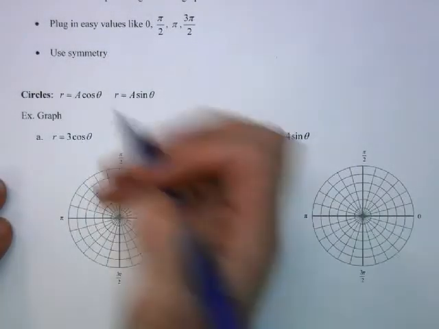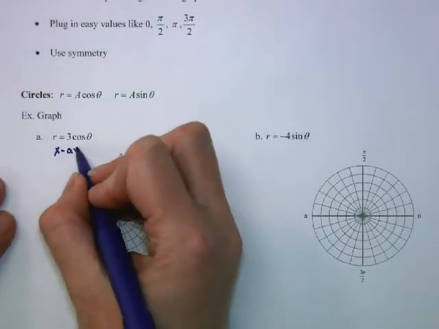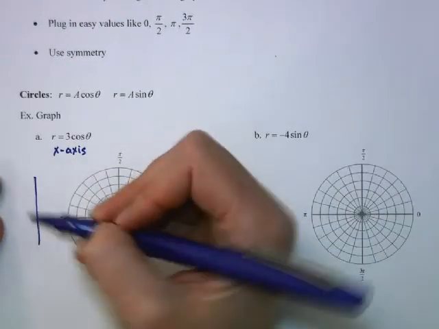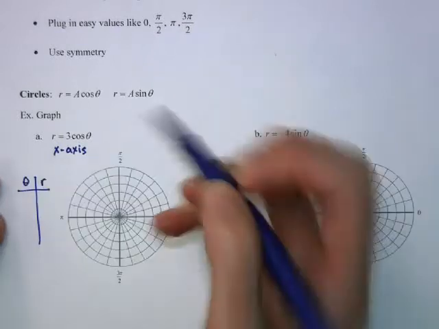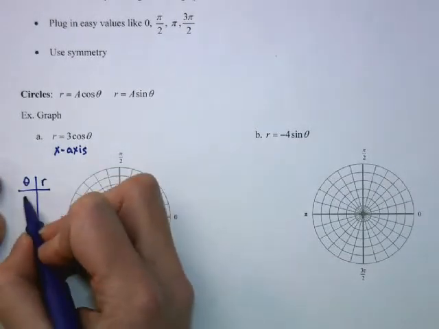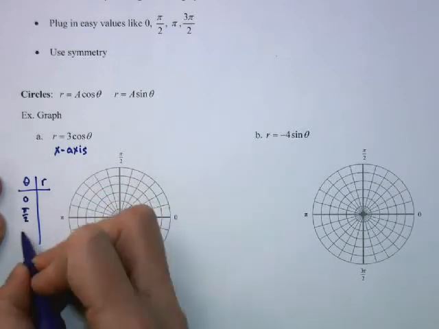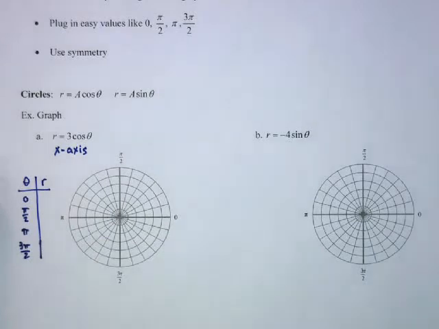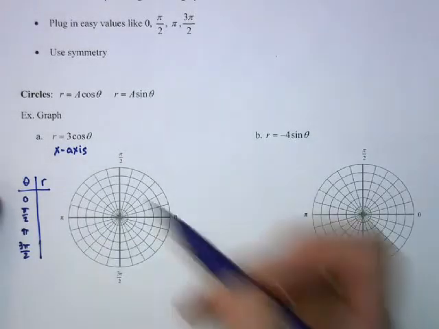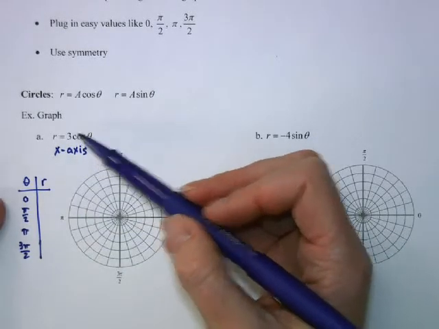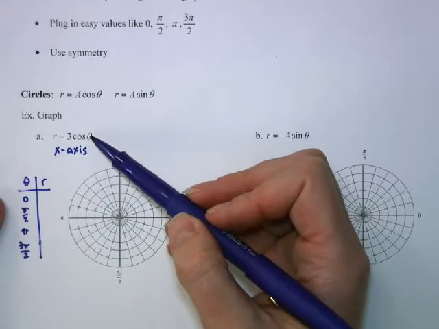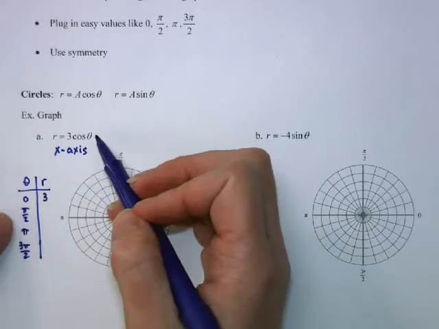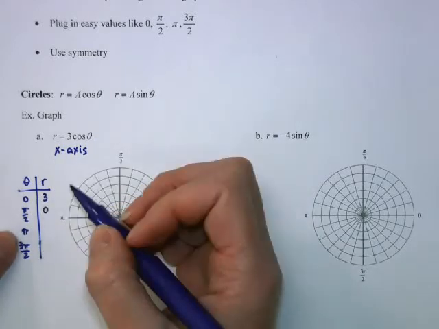This one, cosine, is going to be symmetric to the x-axis. We know that. And I'm going to plug in 0, pi over 2, pi, and 3 pi over 2. Or you could use degrees if you feel like it. Okay, so here, cosine of 0 is 1, so 1 times 3 is 3. Cosine of pi over 2 is 0, up at the top of the circle, so this is 0.